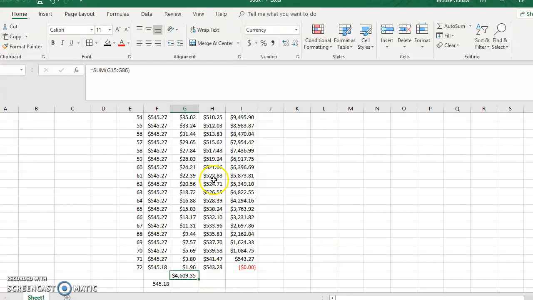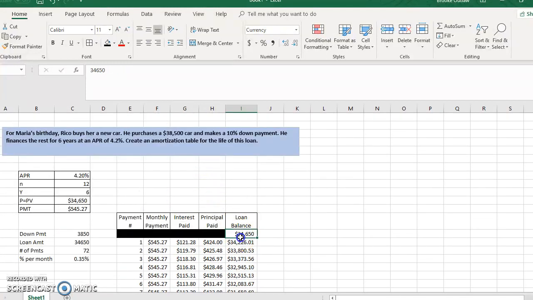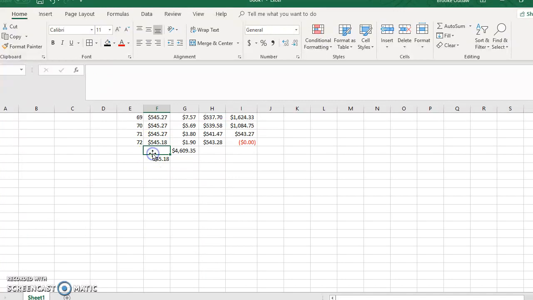If you add up your principal, it should add up to be $34,650, because that's how much is going towards your principal. So there's no need to add that column up. But you could also see how much money he's spending in total by summing up this column.